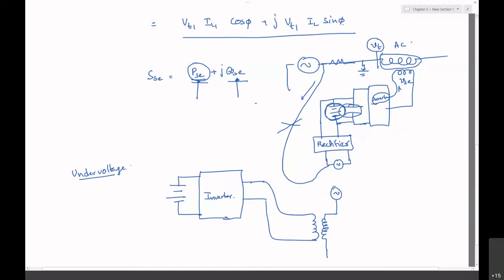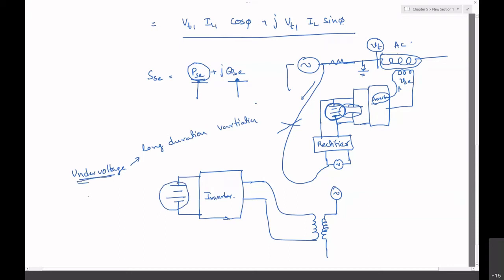See, this under voltage is a long duration kind of problem. It is a long duration voltage variation. If you want to correct a long duration voltage variation, the battery capacity should be much higher.